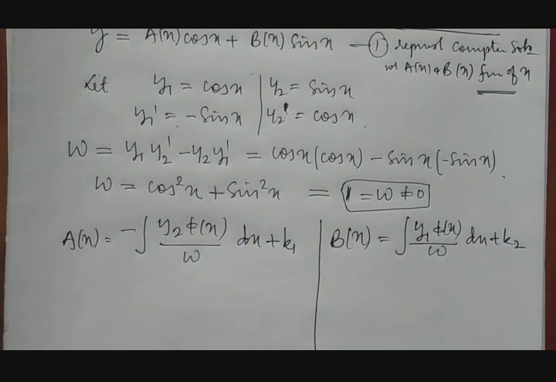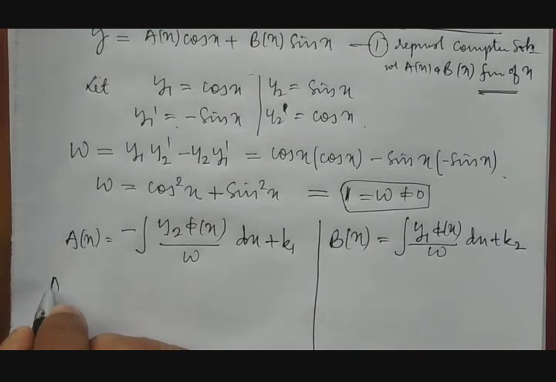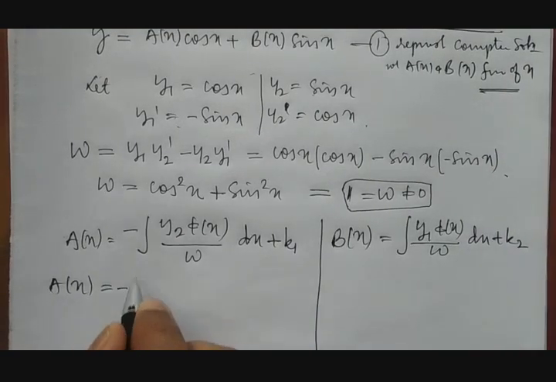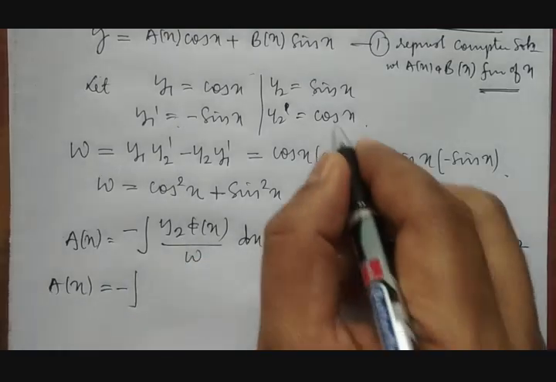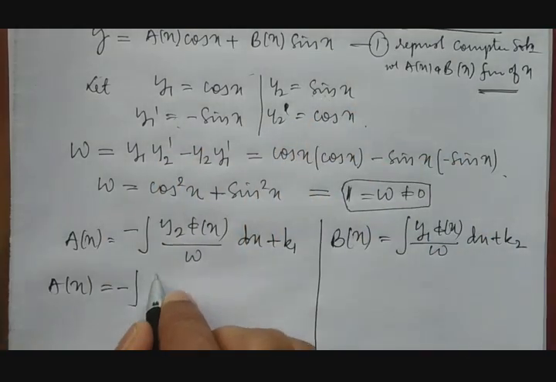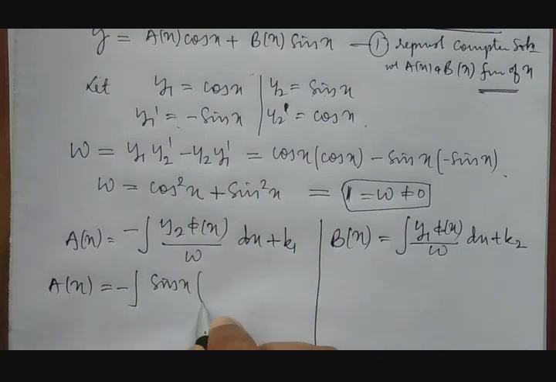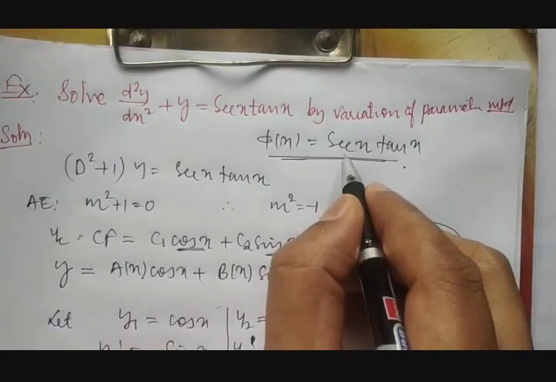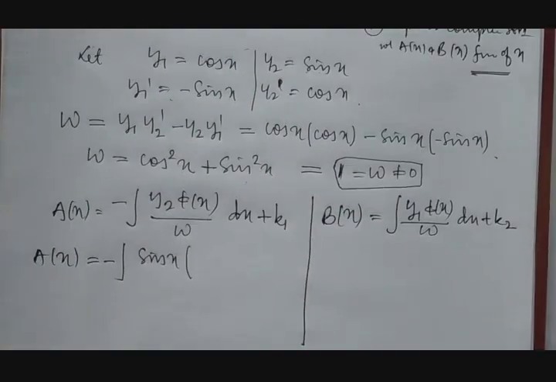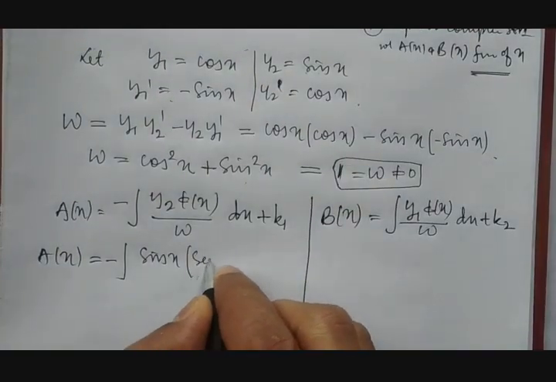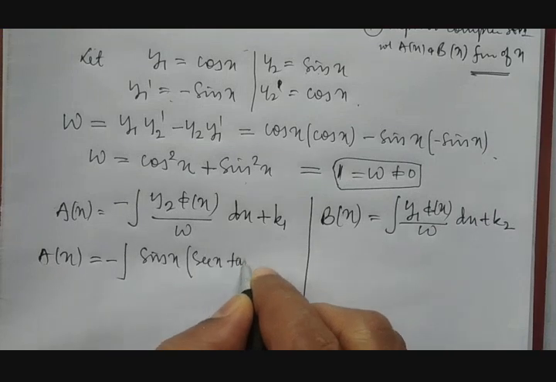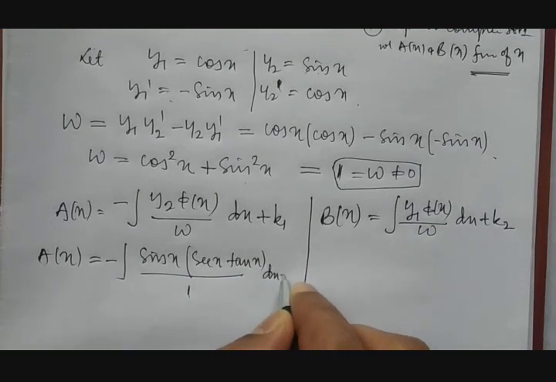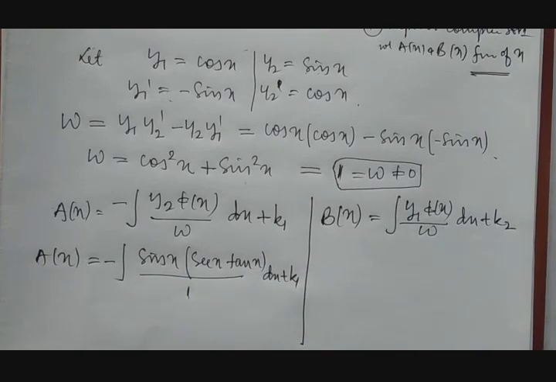Therefore, let us substitute all the required values in the formula. Minus y2 is sin x into phi of x. Phi of x in the given example is sec x into tan x, sec x into tan x divided by W is 1 with respect to x plus k1.